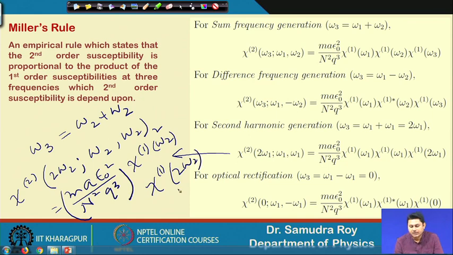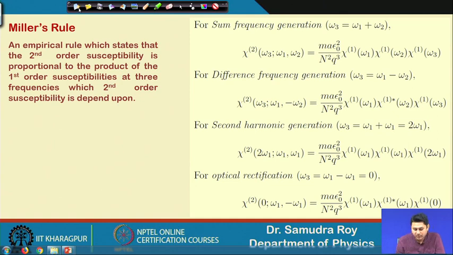In a similar way we have the optical rectification term. In the optical rectification term there should not be any frequency component. So, omega 1 minus omega 1 or omega 2 minus omega 2 gives rise to omega 0. I can also have my susceptibility which should not have any kind of frequency component, and that one can figure out from the susceptibility at omega 1, susceptibility star at omega 1 and susceptibility at 0 frequency.